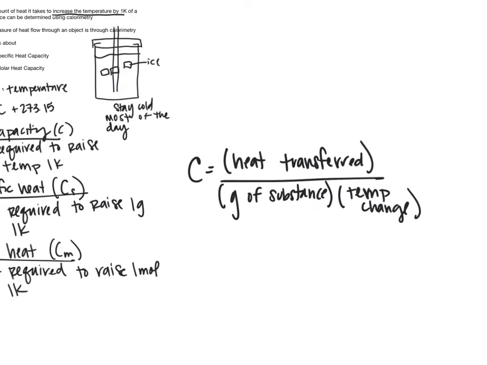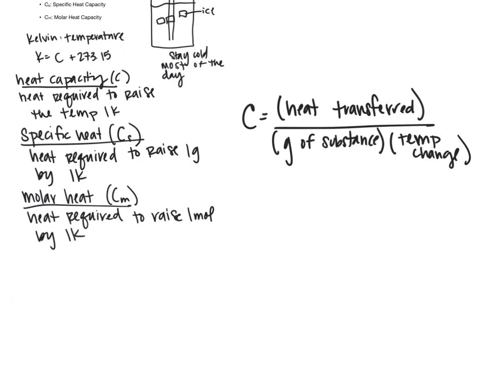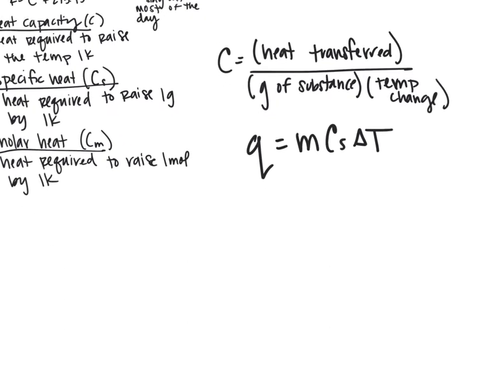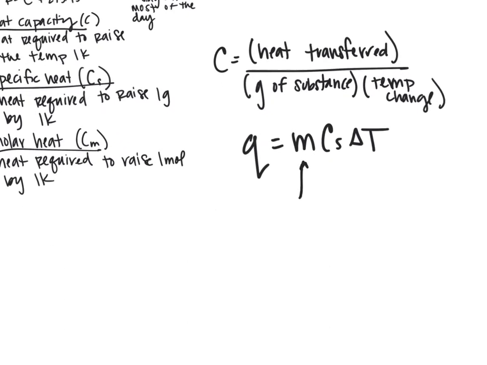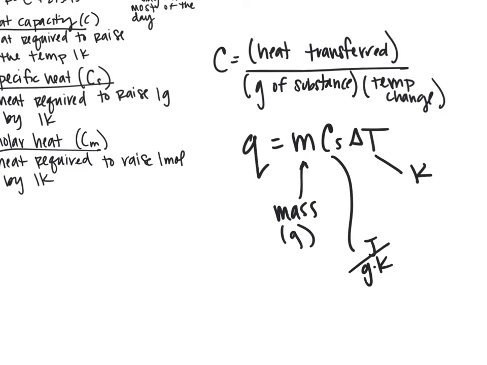And so you may have also seen equations that look like Q equals C sub S delta T. And so that is also true. It is just a rearrangement of this equation. And so a couple of things about this. The mass needs to be in grams. C sub S, the units are typically joules per gram Kelvin. And delta T doesn't really have units. It can be in Kelvin. It is important to note.